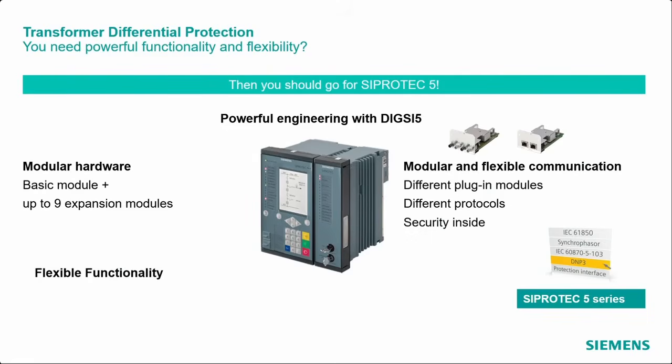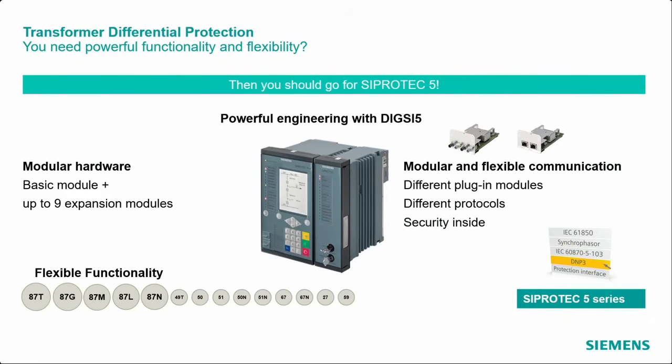So you have full flexibility in hardware and software, and in software this means that we do not support only the 87T, we also support generator differential protection, motor differential protection, as well as line differential protection, distance protection, and so on. So the transformer protection device 7UT8 is much more flexible than you maybe know.